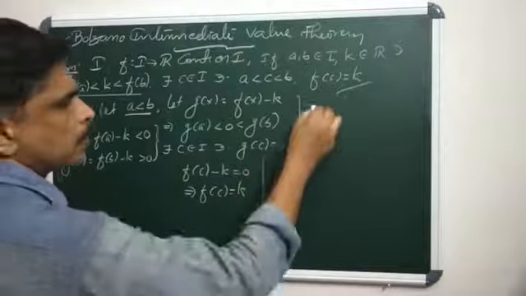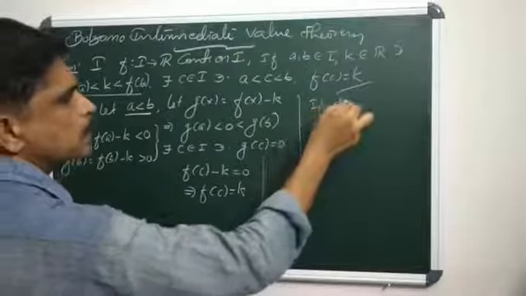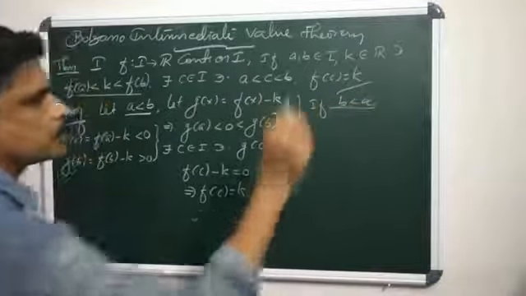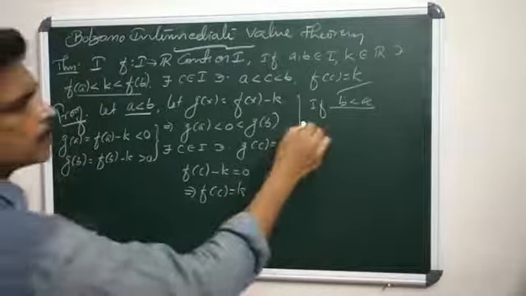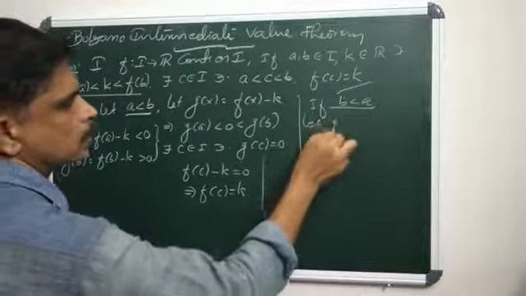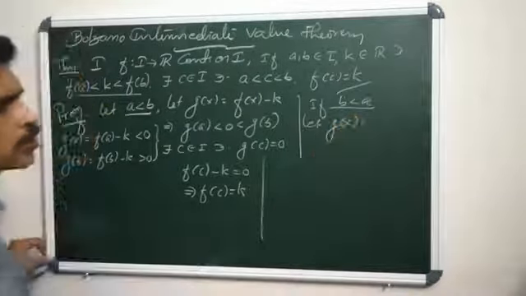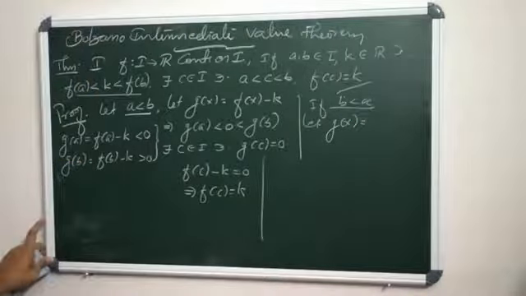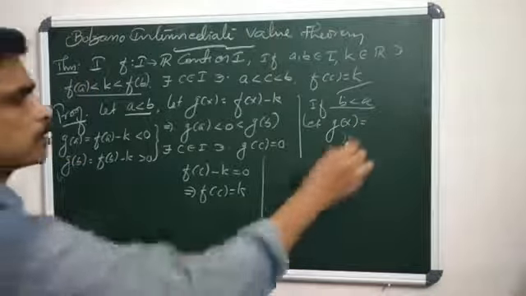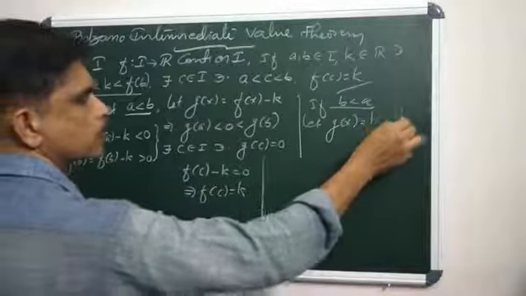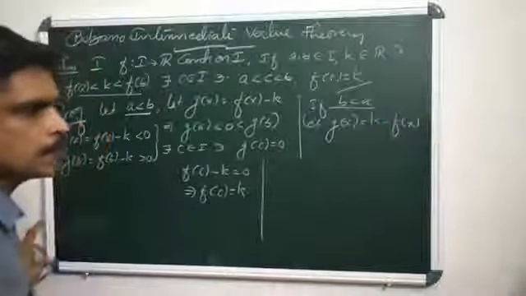Now, second case. If b is less than a, then let g(x) equal k minus f(x).